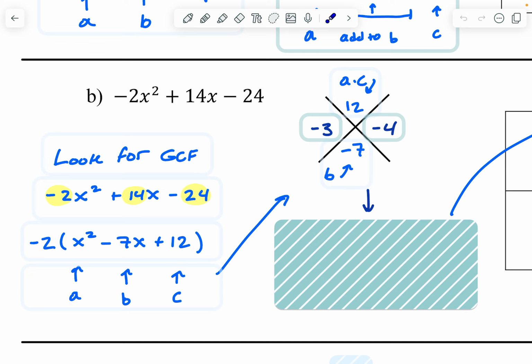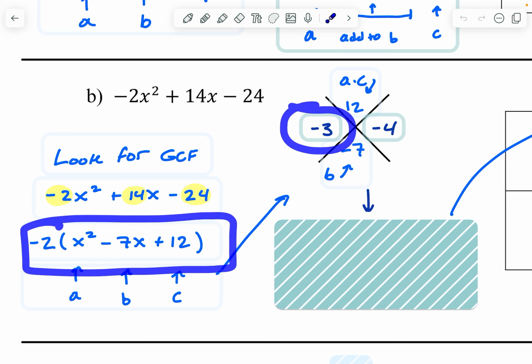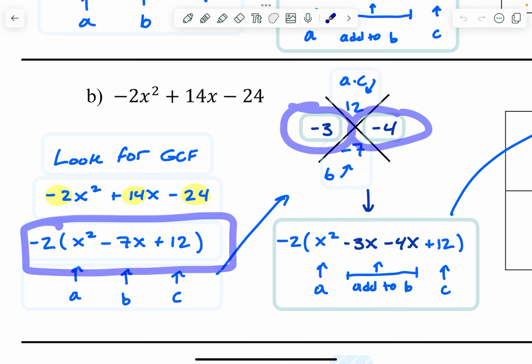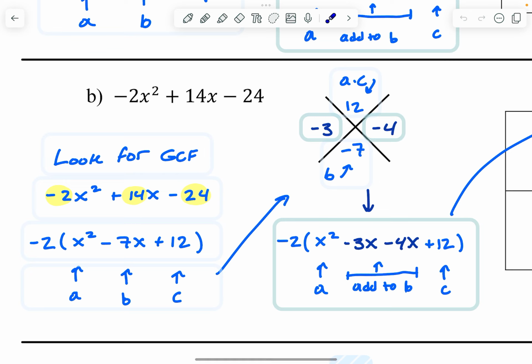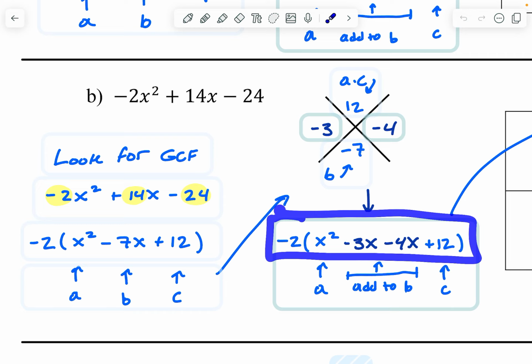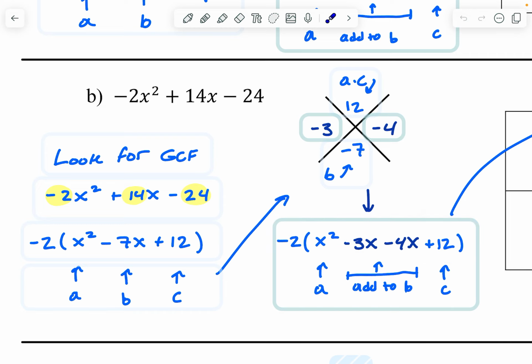So now we re-express what we had, using that negative 3 and negative 4. We have negative 2 times x squared minus 3x minus 4x plus 12. Our A stays the same, our C stays the same, but now we have two things that are going to add to B.